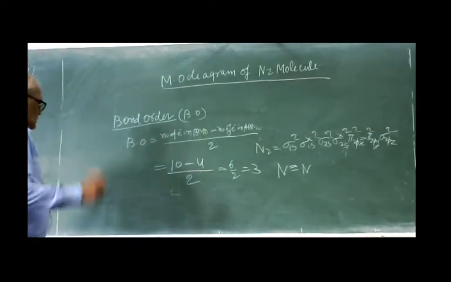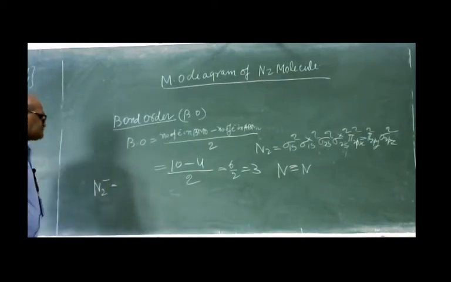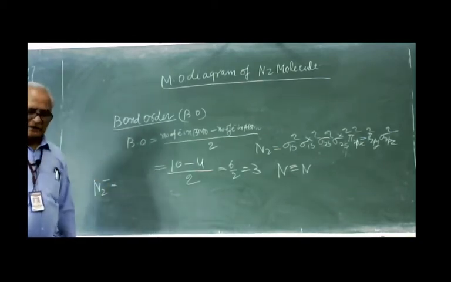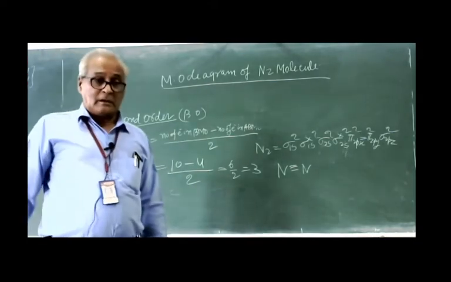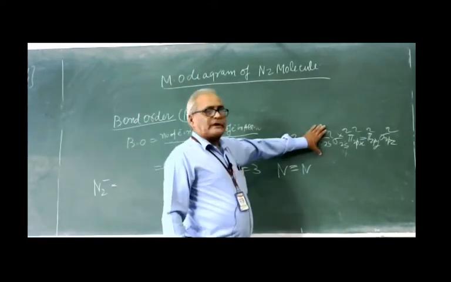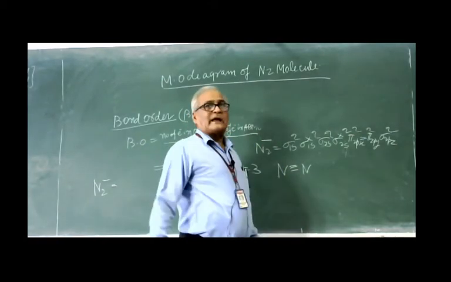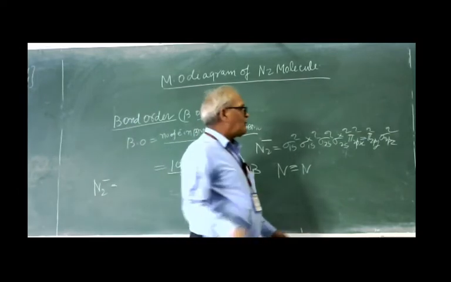Now the second thing, N2 minus. Calculate the bond order in the N2 minus ion. Very easy, you can calculate. This is the electronic configuration of the N2 molecule. You put one extra electron in this molecule. What will happen?